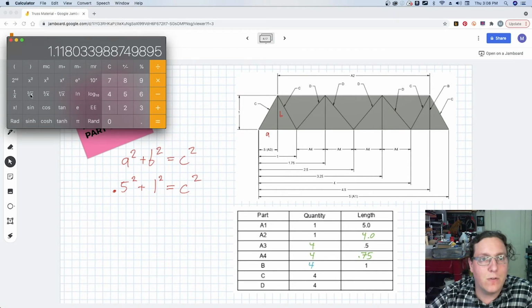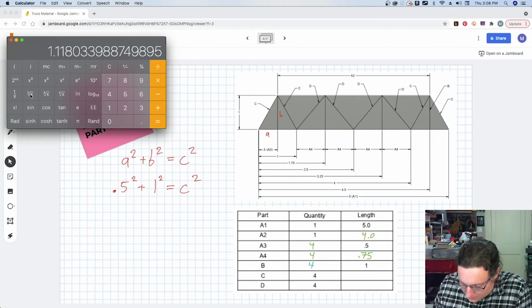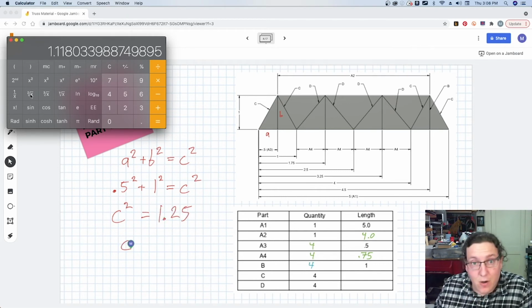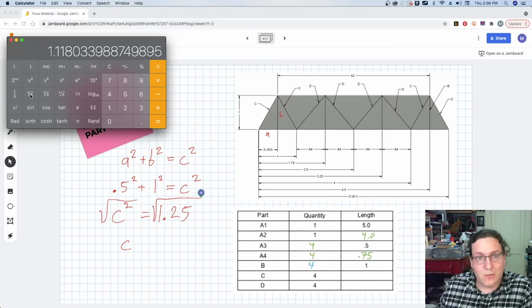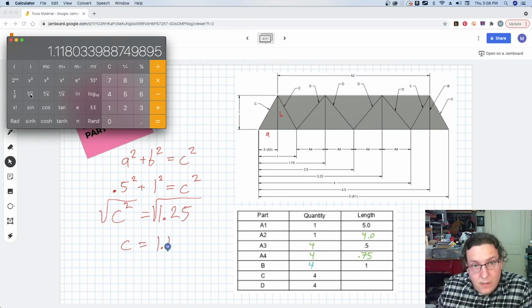So we find the square root, and in this case, C squared equals the 1.25, but C on its own, since we took the square root, again, recognize that we're taking that square root, C is going to be equal to 1.118, or it's approximately going to be equal to 1.12.